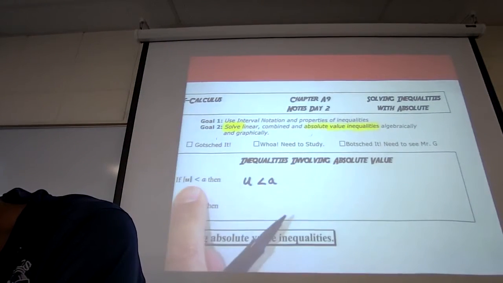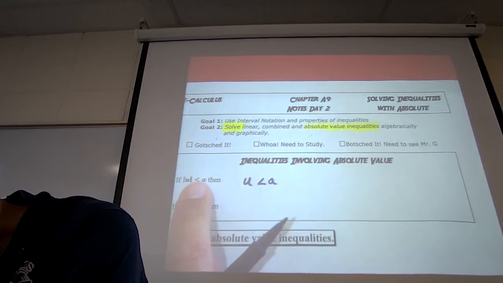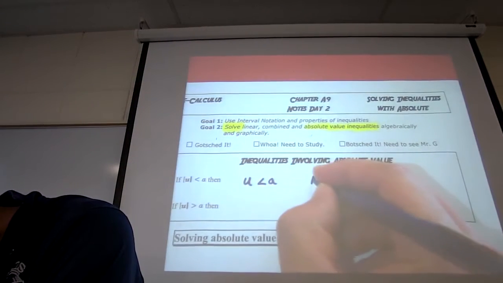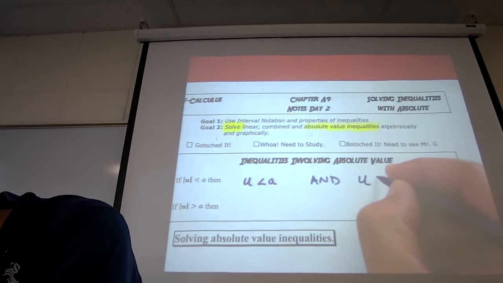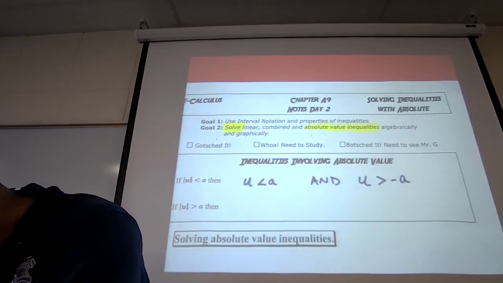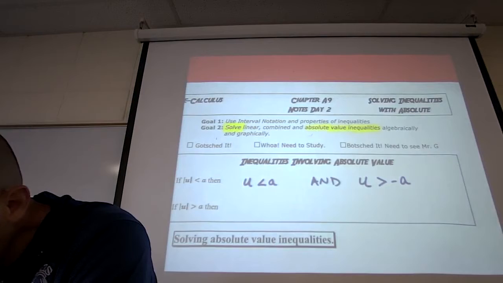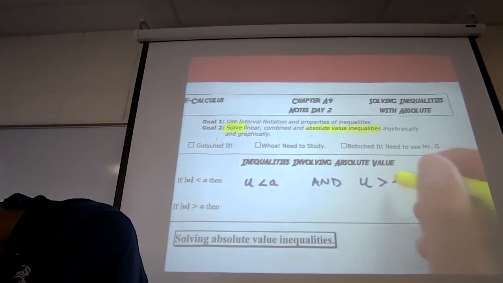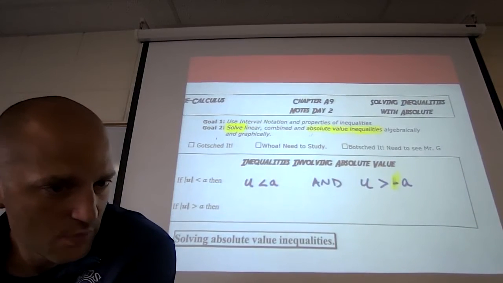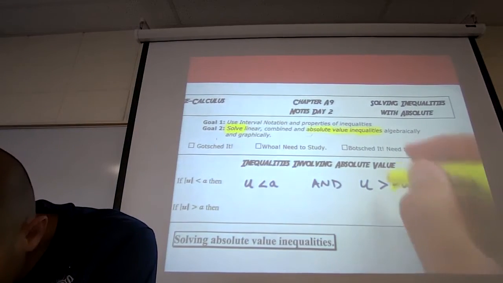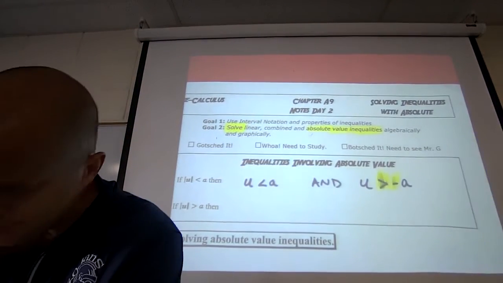I just rewrite it without the absolute values. And if it's a less than, it's an and. U is greater than negative a, okay? The idea on the second inequality is that you've multiplied the a by a negative, and anytime we multiply or divide by a negative, you must flip your sign.